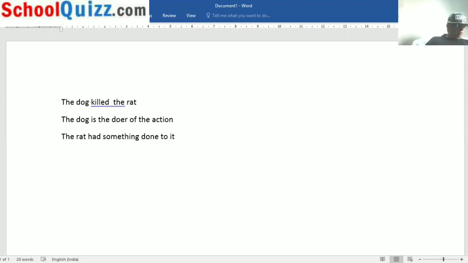Now, very often in many sentences, the subject is the doer of the action, but that is not always the case, right? Sometimes we put the subject the other way around. That means the subject is the receiver of the action.